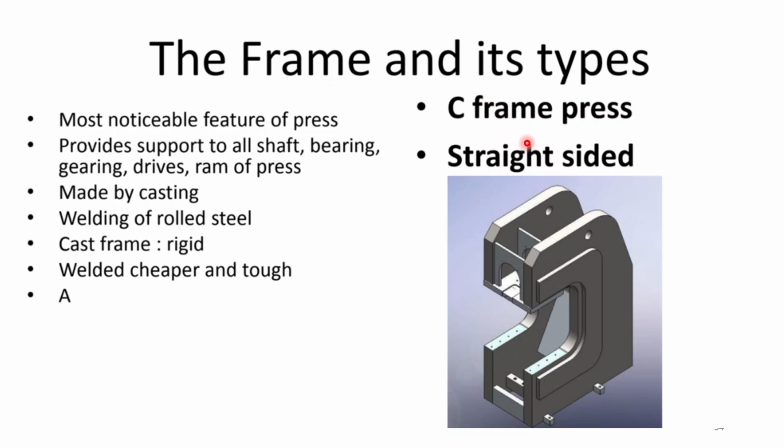First is the C frame press, other is straight sided. This depends on the shape of the frame. The frame is one of the most noticeable features of the press, and it provides support to all shafts, bearings, gearings, drives and ram of the press, and it is made by casting or welding of rolled steel; cast frame is rigid, welded is cheaper and tough.